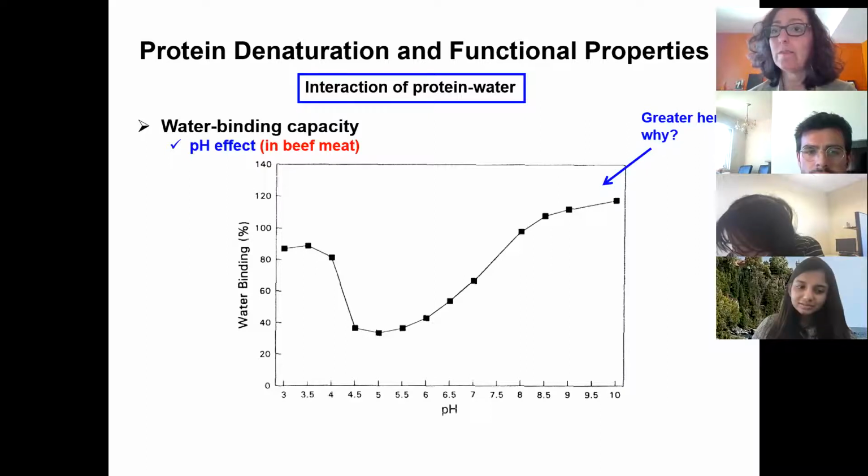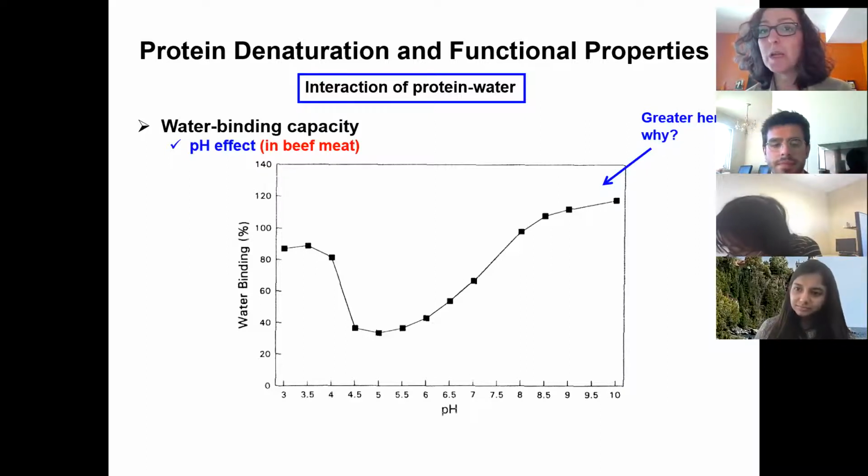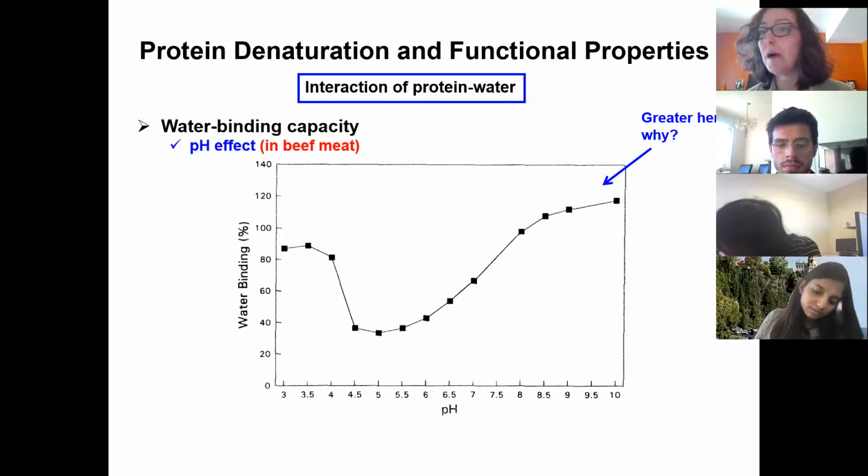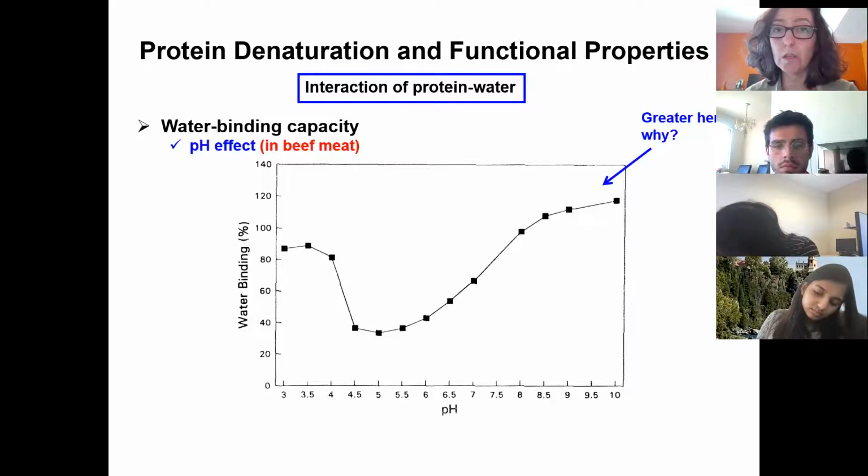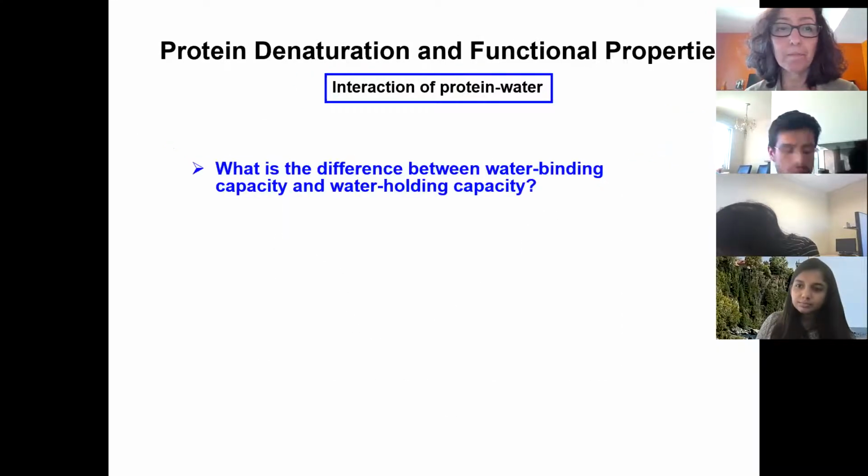Those with OH groups and SH groups become ionized at alkaline pH as well. So it's not just the amine groups and the carboxyl groups, but these groups get ionized at alkaline pH. That's why we see a little more binding at alkaline, and also more solubility at alkaline conditions than at acidic conditions. Very good to remember that.